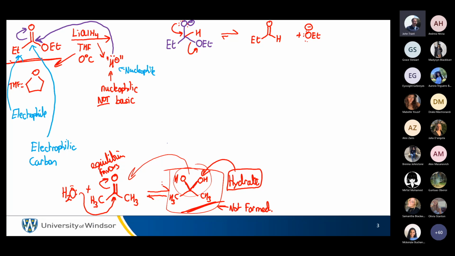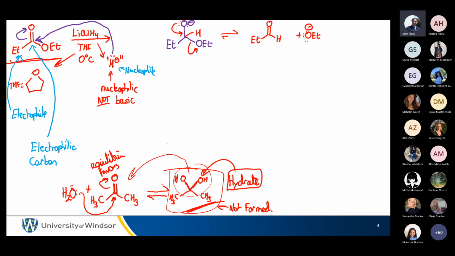So what did we do here? Exactly like the analogy with the lower one, we've gone from 1 molecule to 2 molecules, which is favorable. We've created a nice strong oxygen-carbon double bond, but if we're going to do that, we have to break a bond to that carbon.